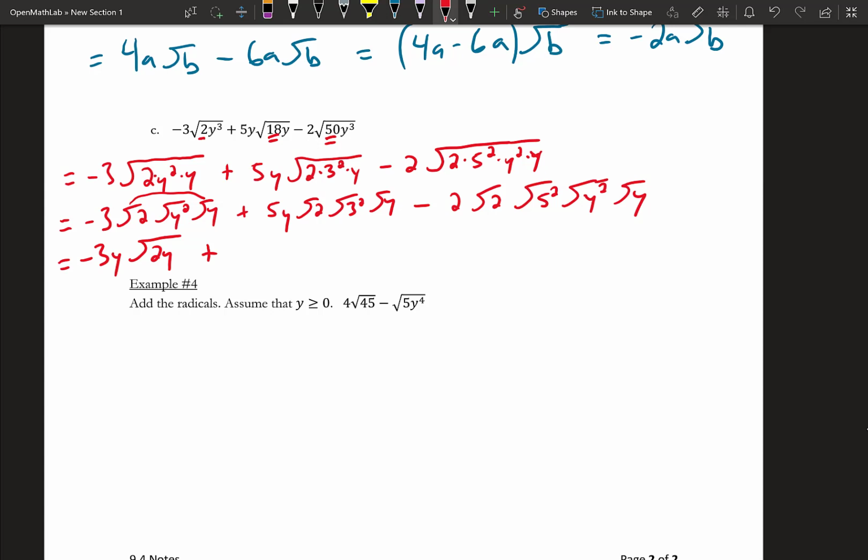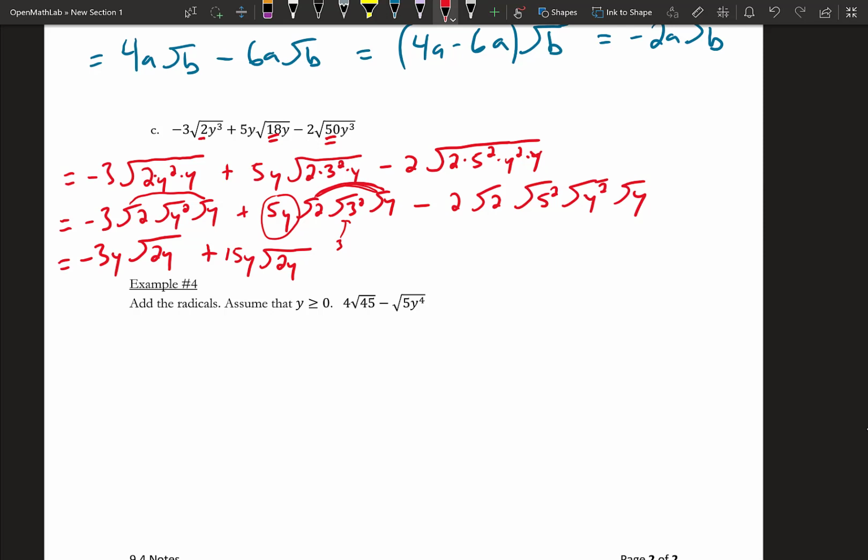So I have 5y times, this would simplify to be 3, right? So 5y times 3 would give me 15y, and then we would have the square root of 2 times y, using the multiplication property of radicals for these two things, right?